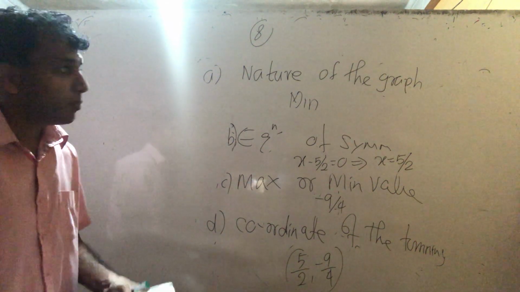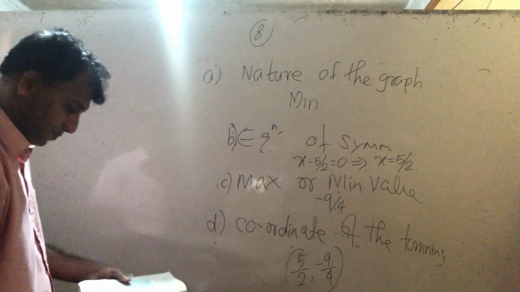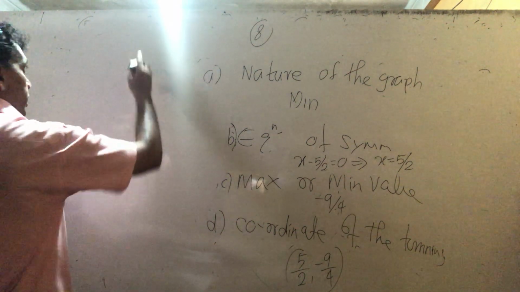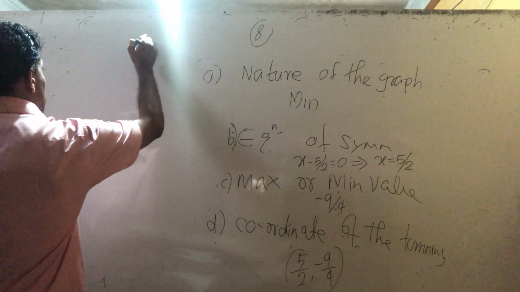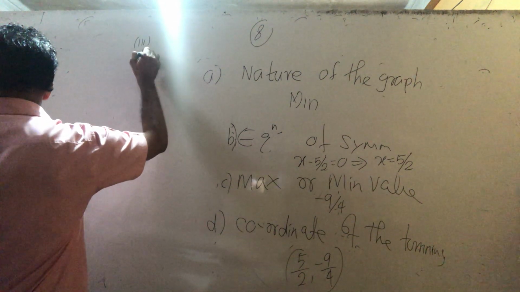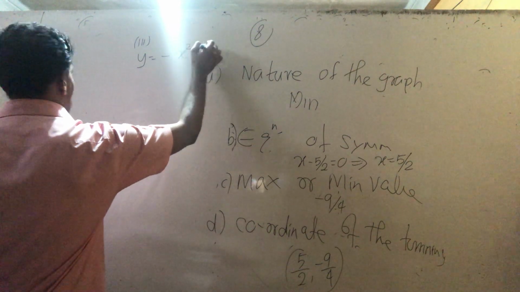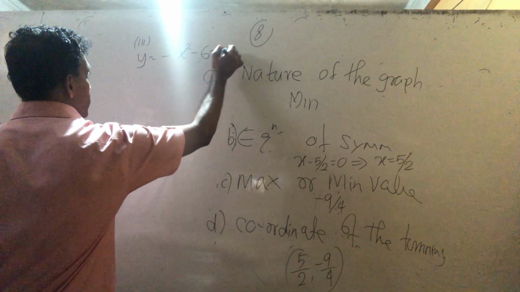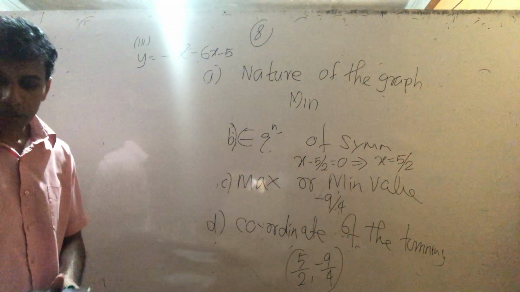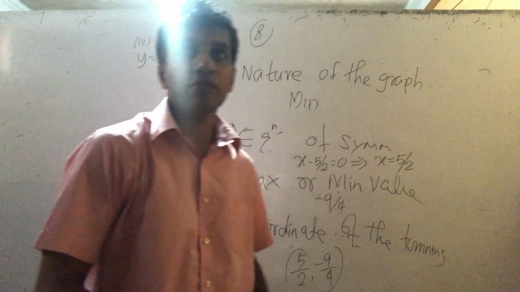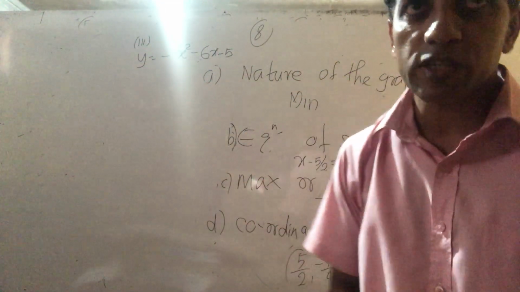I take another problem from that book work, and I explain now the third part. y equals minus x square minus 6x minus 5. See, another important minus there in front of the x square. Therefore the graph is maximum, no doubt.